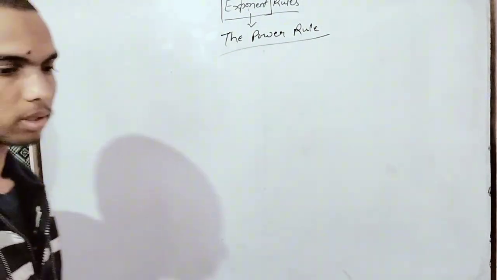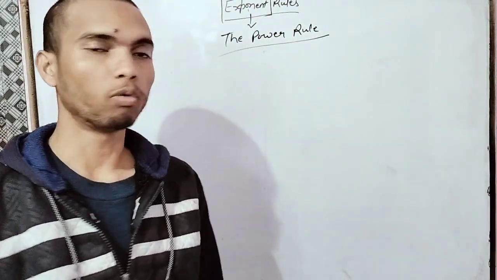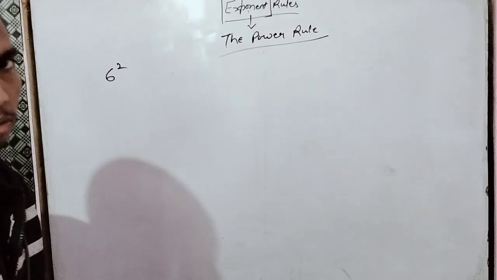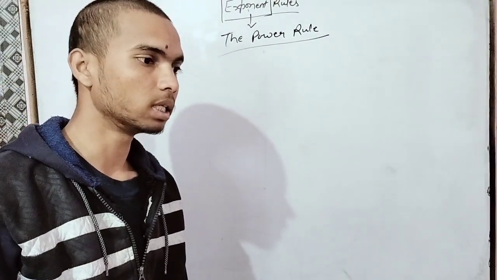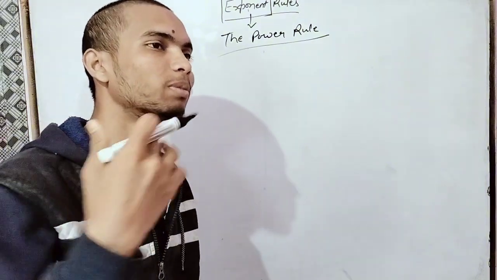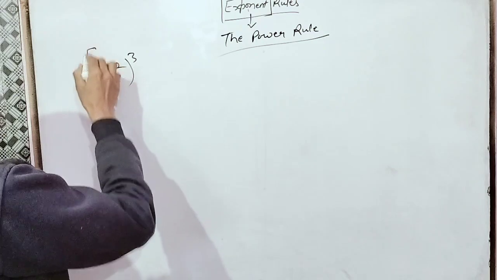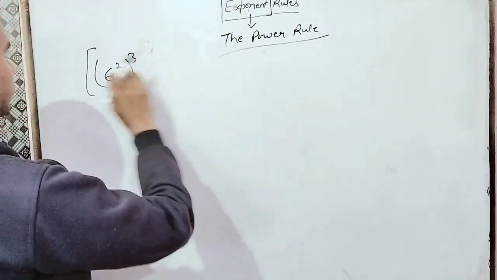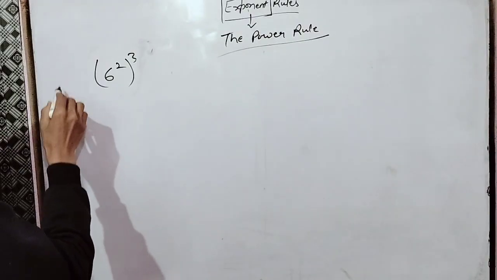Here our power, which is also known as exponent, would be more than one. Let's say 6 raised to the power 2, then again raised to the power 2, and 2 raised to the power 3, like that. And the question can be like that, but we will come to this discussion, don't worry. First of all, just try to understand it.